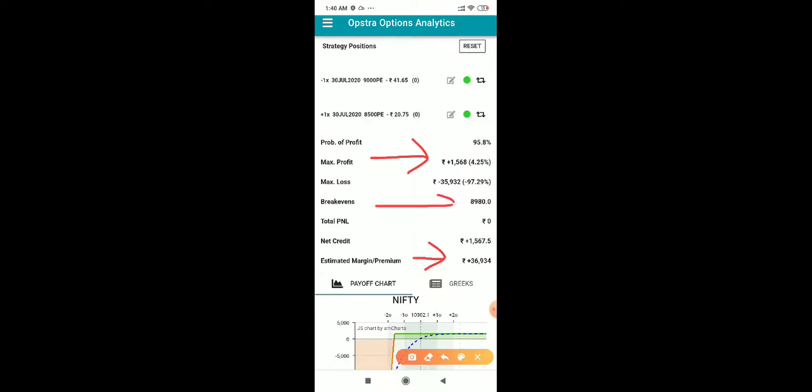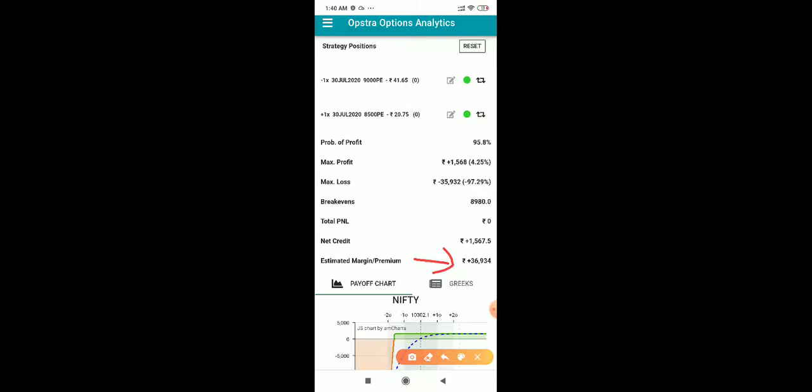We need to square off our position, whatever loss we have. With this type of probability of profits, we can easily earn 1000 to 1500 rupees with this type of investments.